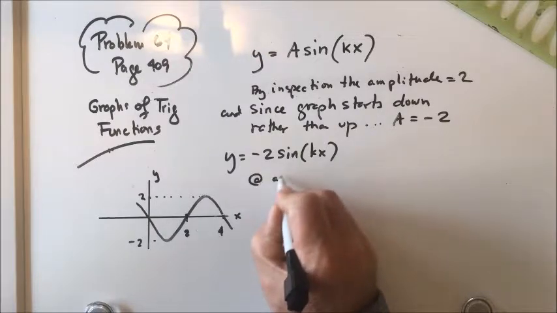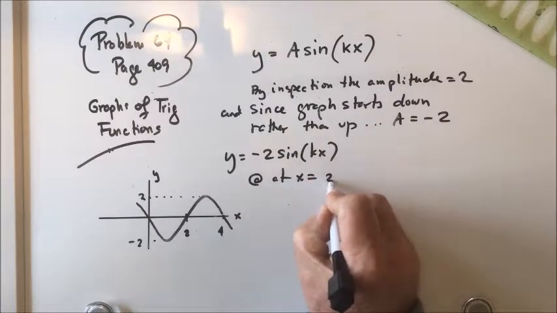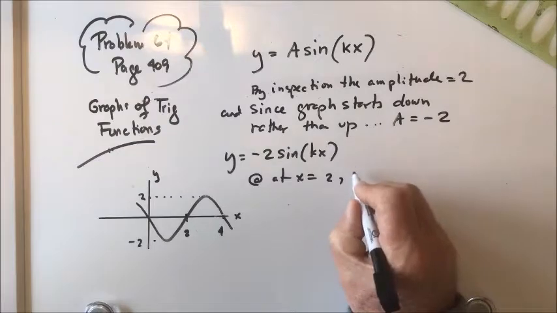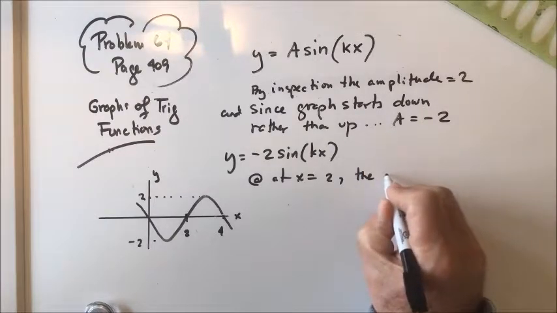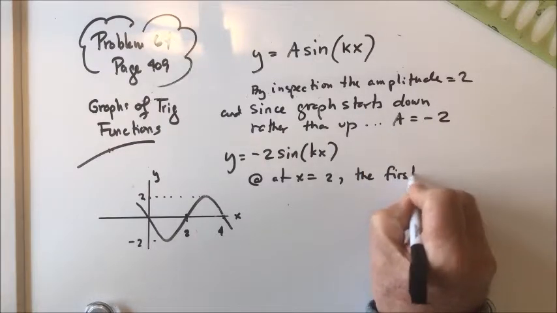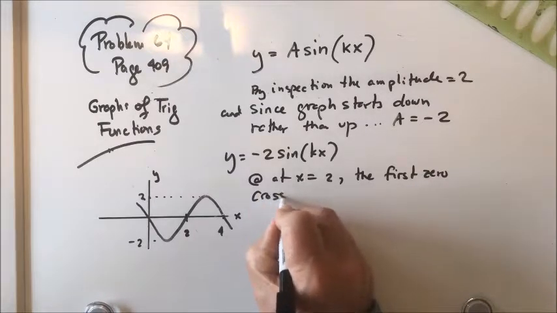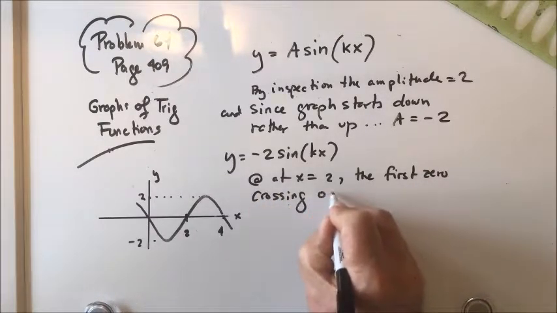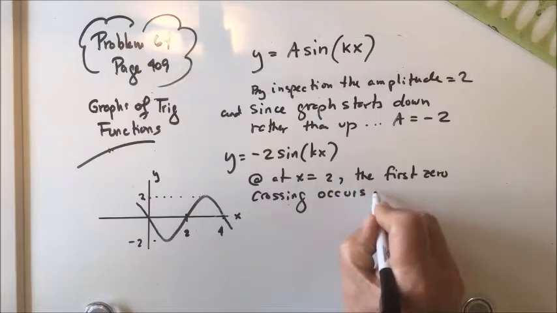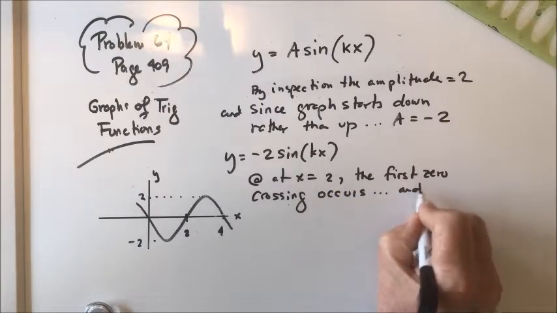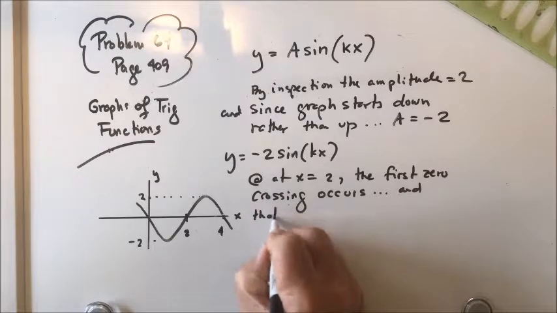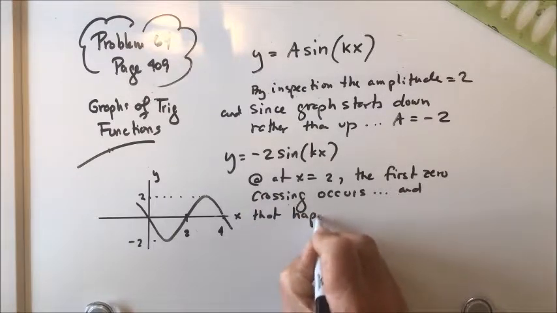Let's just say at x equals 2, the first zero crossing occurs. And that happens when the argument is equal to pi.